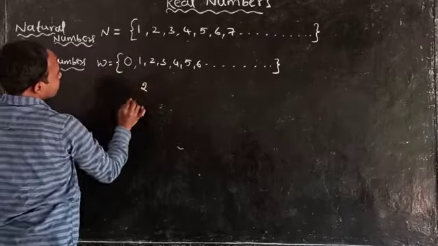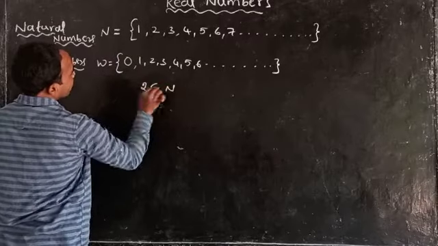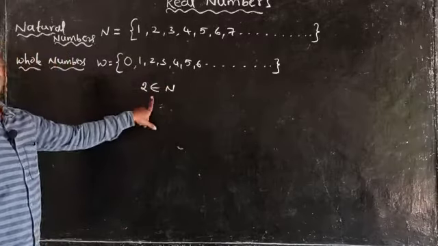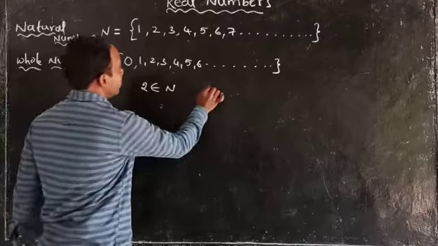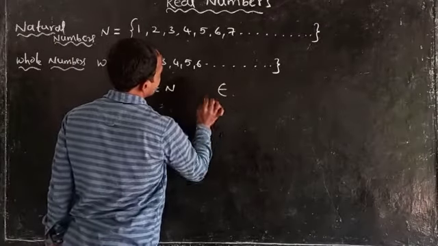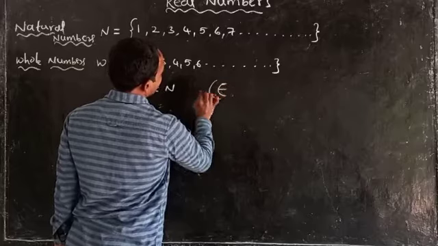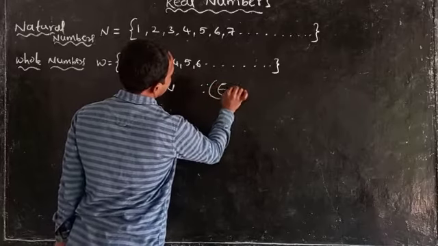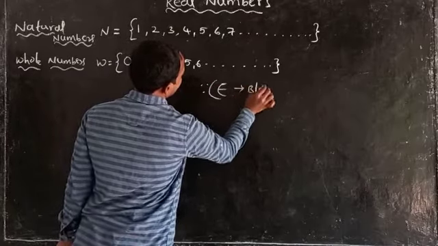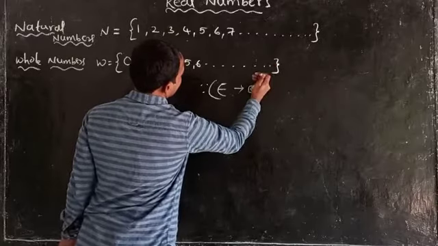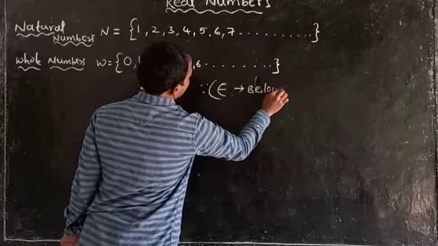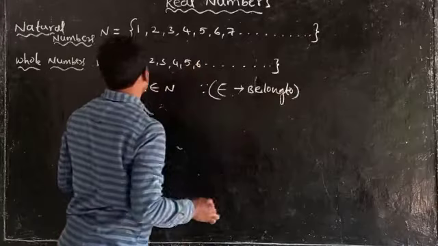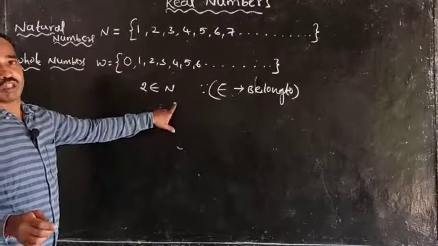Here, 2 belongs to natural numbers. This is the symbol of belongs to. So 2 belongs to natural numbers.